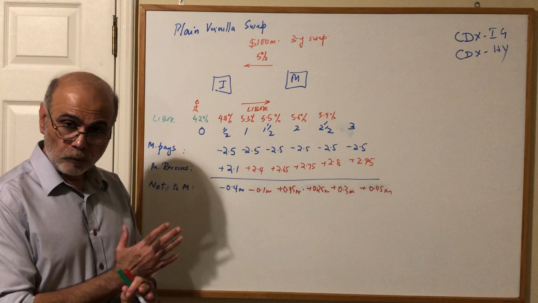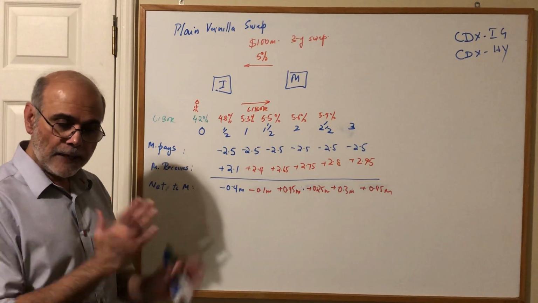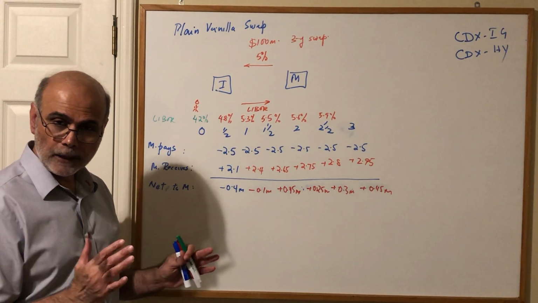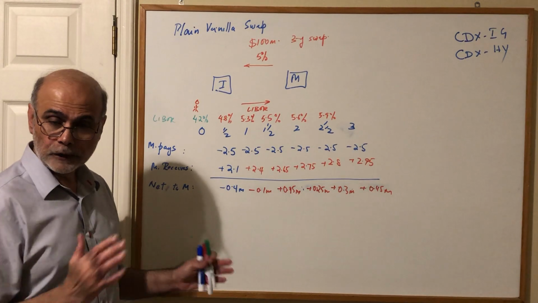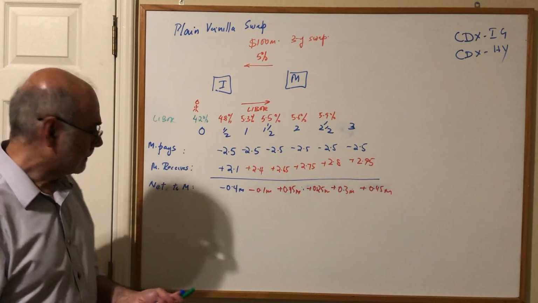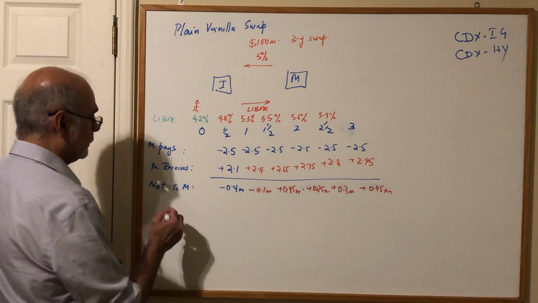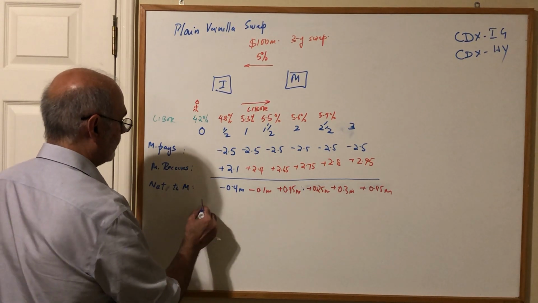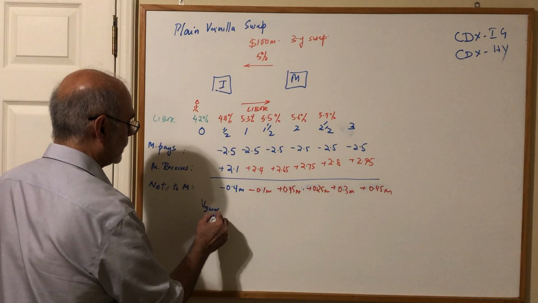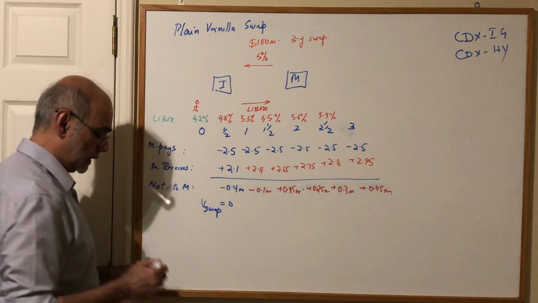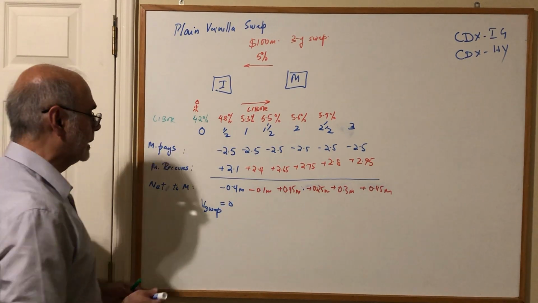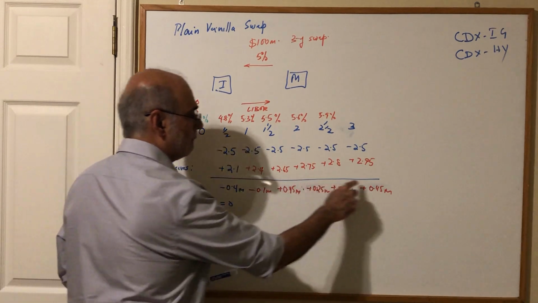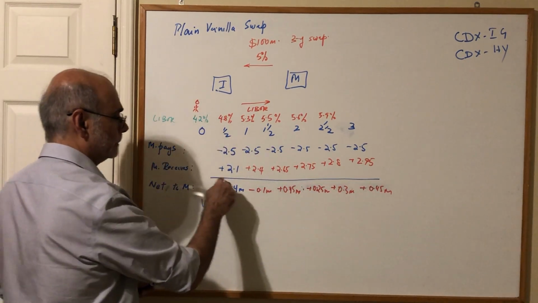That means when they agree to it, neither side is expected to make money or lose money from this swap. It's a fair deal. In other words, the value of the swap at this point in time should be equal to 0, where the value of the swap is defined as the present value of these payments.